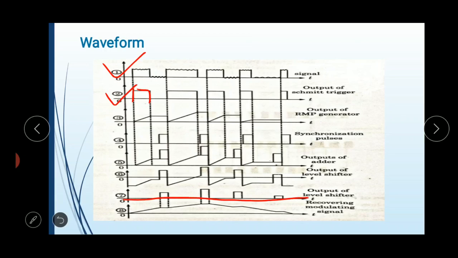Then using the low pass filter the signal is smoothed out and we get our modulating signal. So this is all about pulse width modulation and demodulation. Okay, thank you.